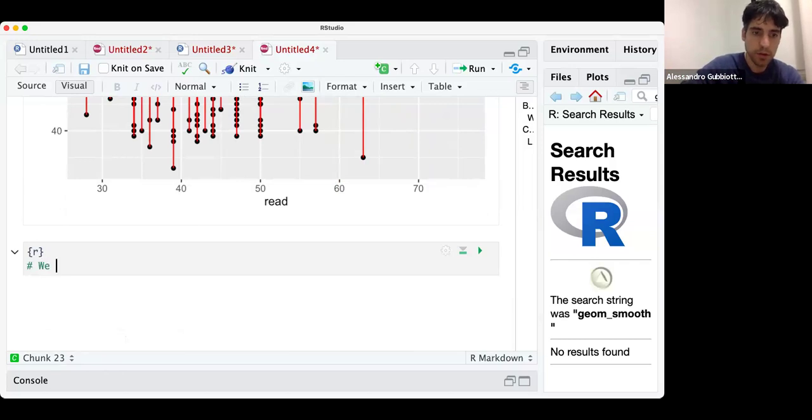First we compute the sum of the squares of the residuals for the best fit, for the better model, which we have called the model.